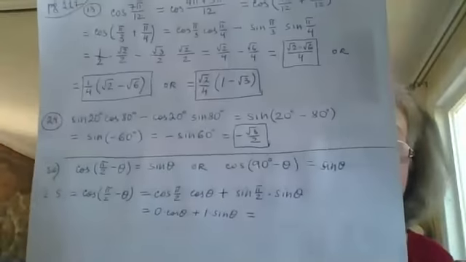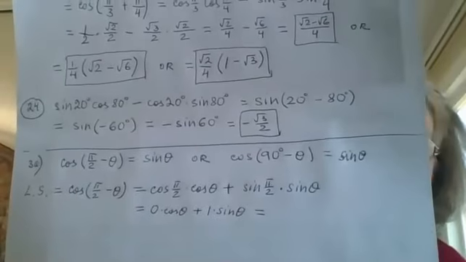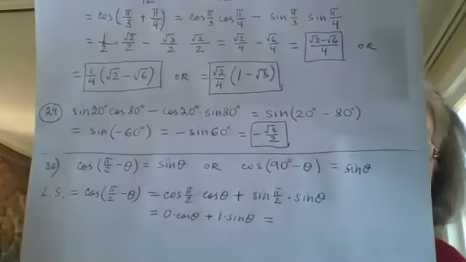And now let's simplify. Cosine of pi over 2, is it 0? Yes. Sine of pi over 2, is it 1? Yes. And look what we have: 0 times cosine theta plus 1 times sine theta. 0 times cosine theta, is it 0?